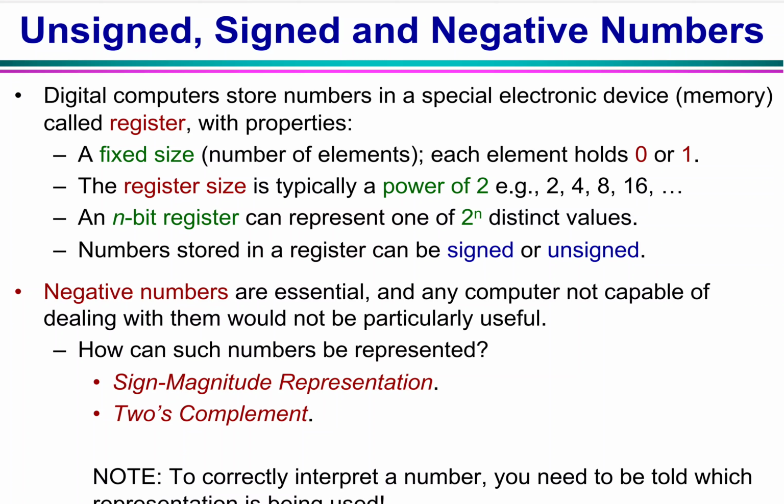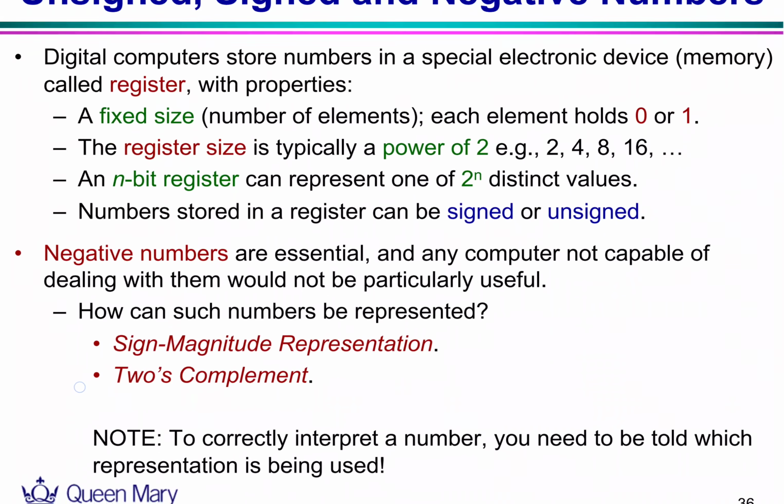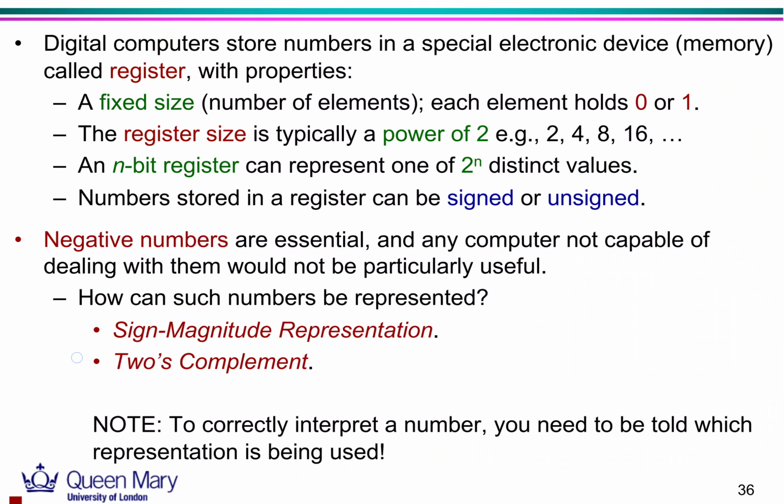Digital computers store numbers in memory registers with fixed size, n bits. Numbers are stored as signed or unsigned. Negatives are essential, and any computer not capable of dealing with them would be only partially useful.